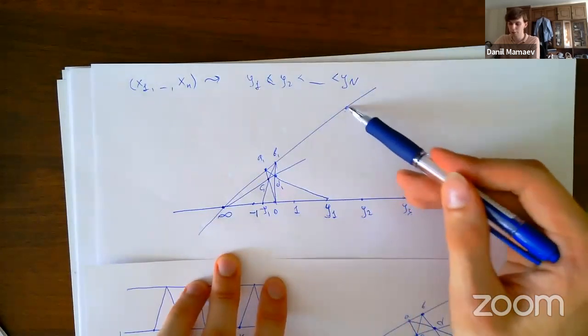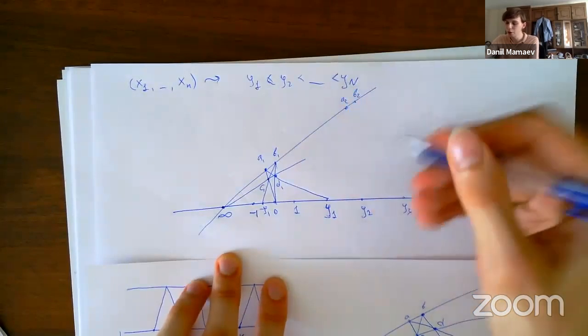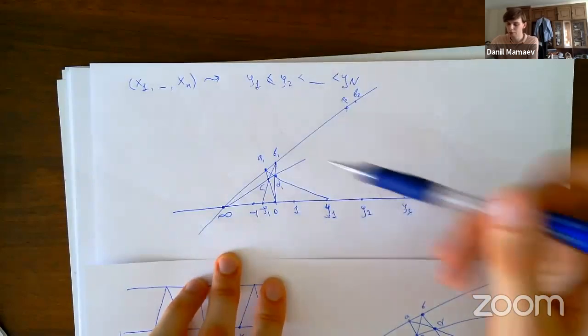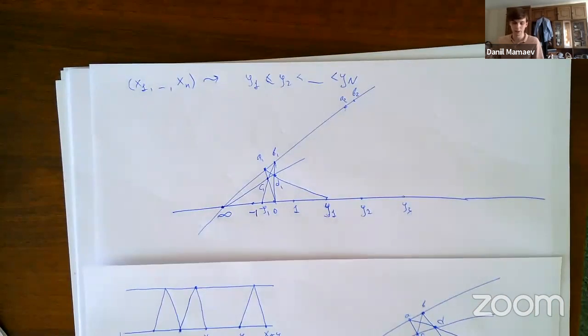Okay, you chose this point A1. You choose your point B2. You draw a picture for ensuring that Y2 plus Y1 is equal to Y3, and so on and so on.